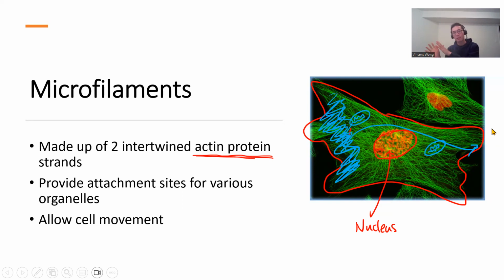When it pushes the microfilament to one side, the whole cell will shift in one direction. So by reorganizing the microfilament, the cell is able to move around in the body. So microfilaments provide attachment sites and allow the cell to move.